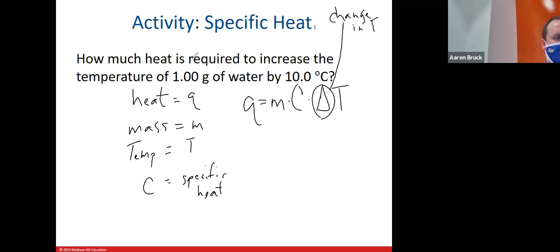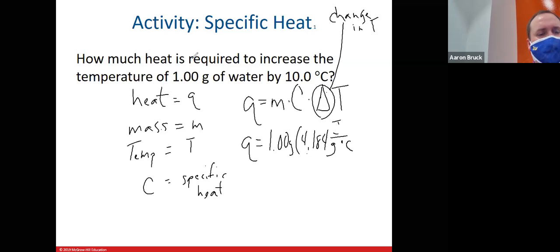So we have all of those data here. It was 1 gram of water, 4.184 joules per gram degree Celsius is the specific heat, and 10.0 degrees Celsius is how much we want it to change by. 1 times 4.184 times 10 would give me a Q value, 41.8.